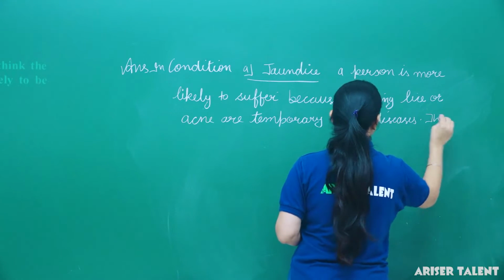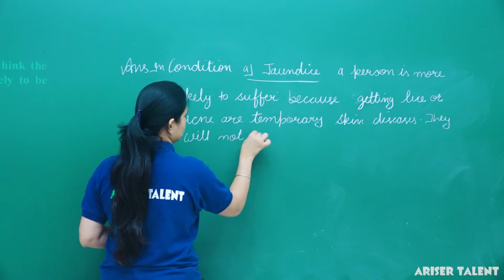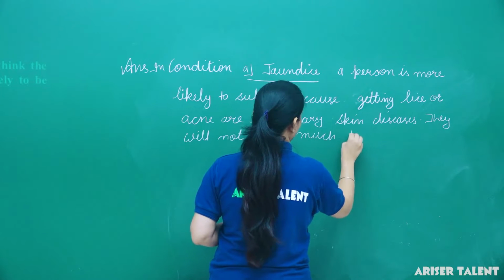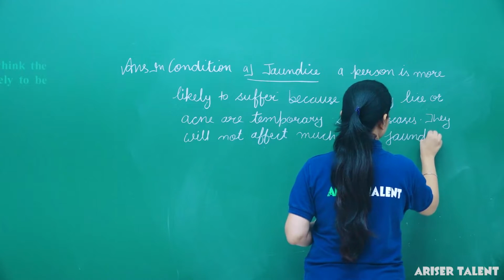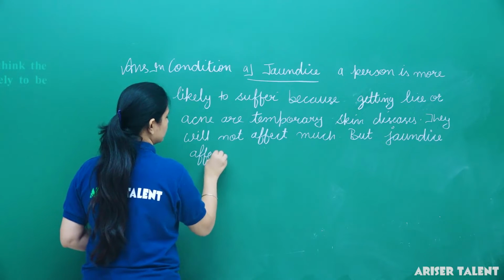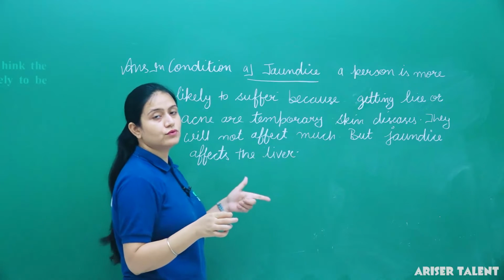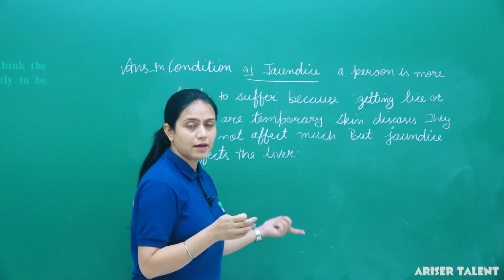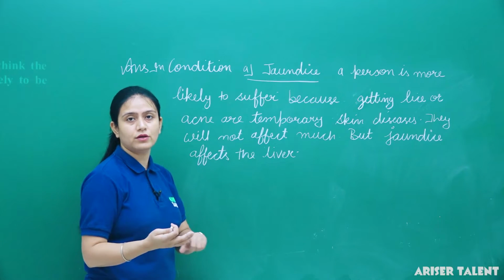They will not affect much, but jaundice affects the liver, and whatever food is eaten by the person does not get digested and the person loses appetite and it causes weakness. So we can say that jaundice causes a long term effect on a person's body.